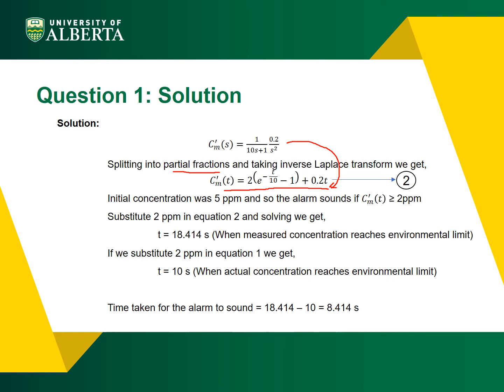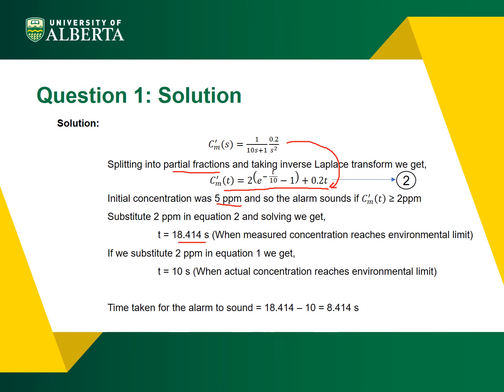We know that the initial concentration was 5 ppm, and because this is in terms of deviation variable, the alarm should sound if it exceeds even by 2 ppm, because 5 plus 2 is 7. So substituting 2 ppm into equation 2 and solving for T, the independent variable, you get 18.414 seconds.